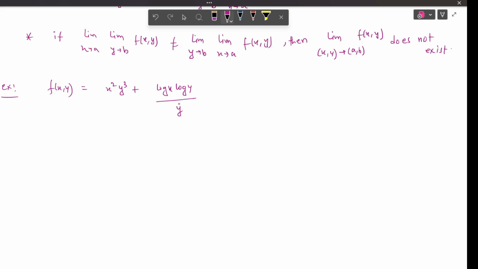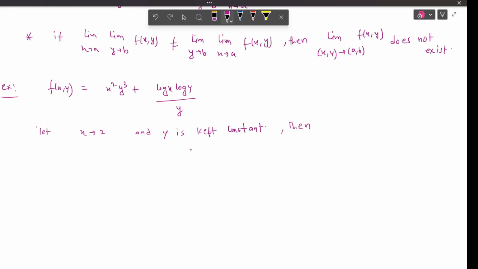Let us say we have this function. Let x tend to 2 and y is kept constant, because we have to vary one by one.